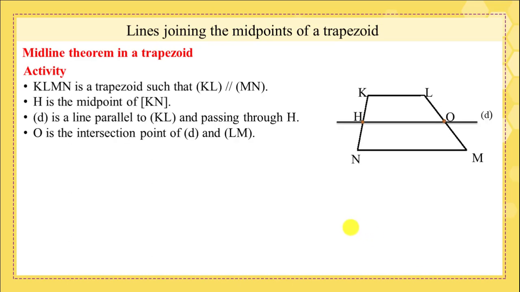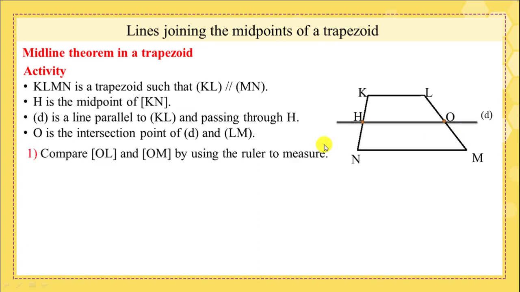Activity: KLMN is a trapezoid such that KL is parallel to MN, H is the midpoint of KN, D is a line parallel to KL and passing through H, O is the intersection point of D and LM. So here we have H is a midpoint, D is a line passing through H and parallel to KL, and O is the intersection point of D and LM. 1.